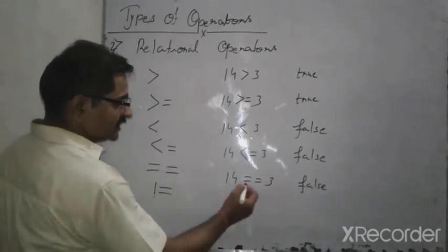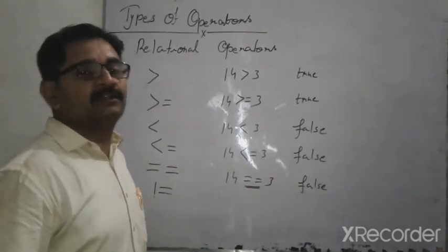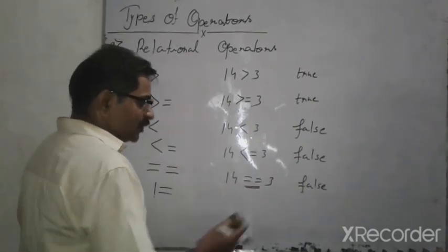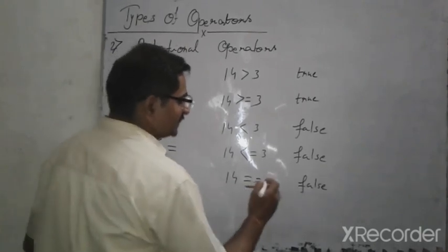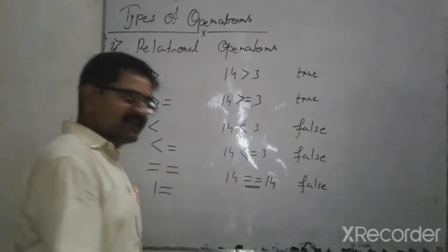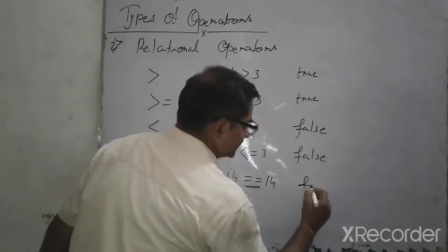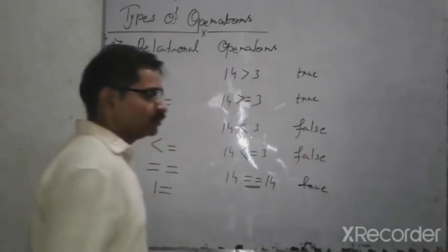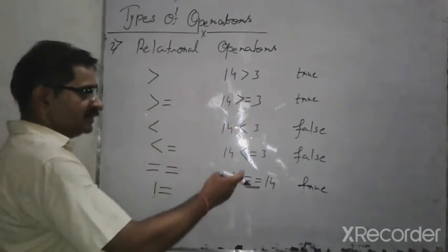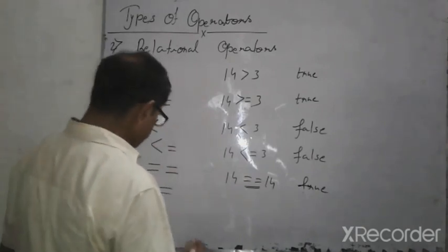This operator is used to check the equality of values. Suppose the value here is 14, so 14 is equal to 14. Yes. In this case we get the value true. But if 3 is here, we get the result false.